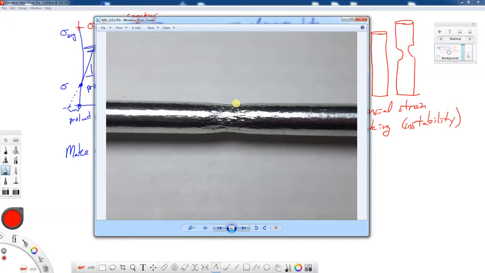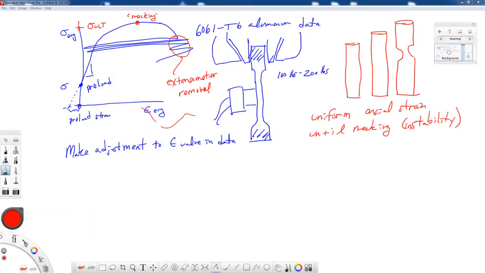But for our purposes, once we get to this point of instability, we don't have that uniform stress or strain distribution anymore. So that's going to be an important point for us, and it's going to be particularly important when we go to convert our engineering stress and strain to a true stress-strain curve.